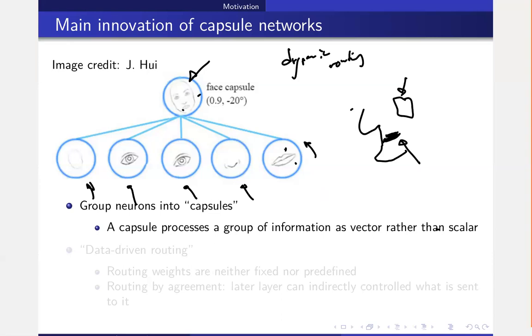If it matches well, then we will assign a higher weight, and we can allow more information to pass from this mouth to this face here. If it doesn't match, for example if this eye here doesn't match with this one here, then I will allow only less weight. So therefore, this is some kind of dynamic routing.